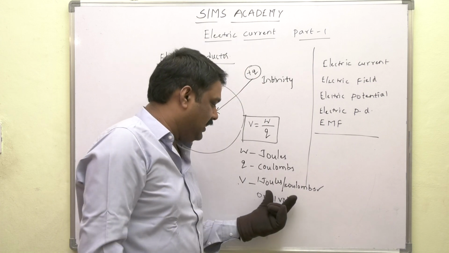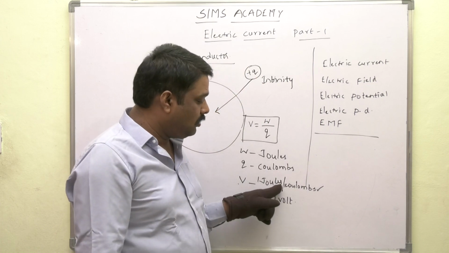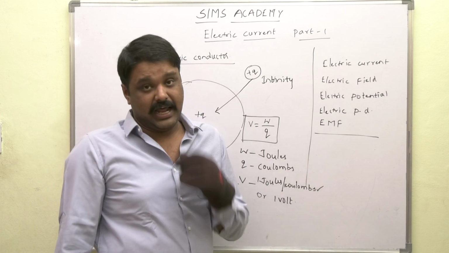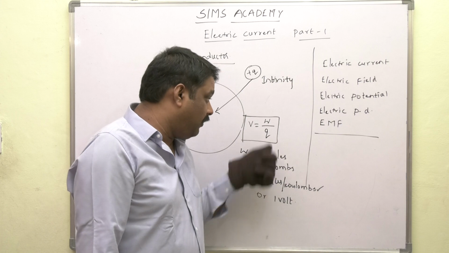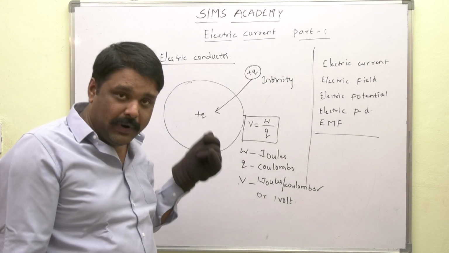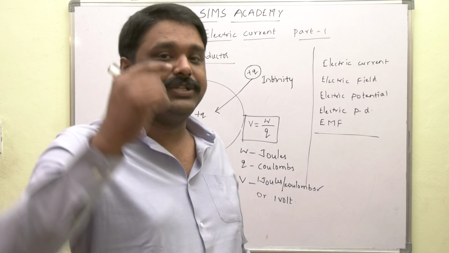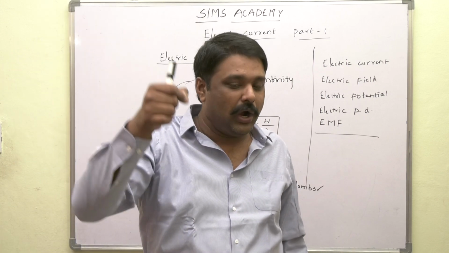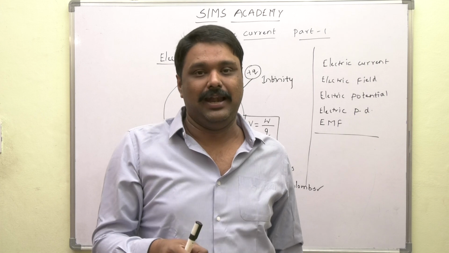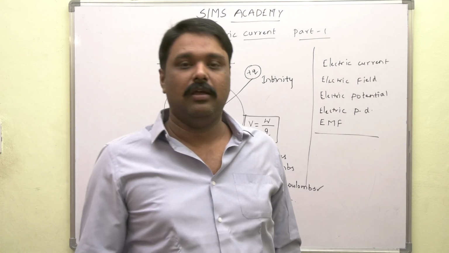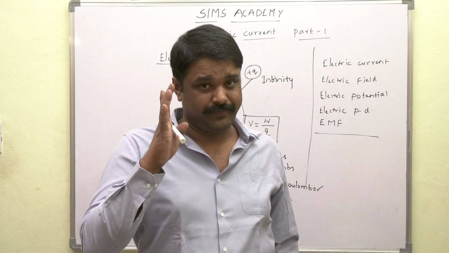If we observe carefully here, 1 joule is nothing but the amount of work done, and coulomb is the charge. If 1 joule of work is done in bringing 1 coulomb of charge from infinity to a point in an electric field, then we say the electric potential is 1 volt.